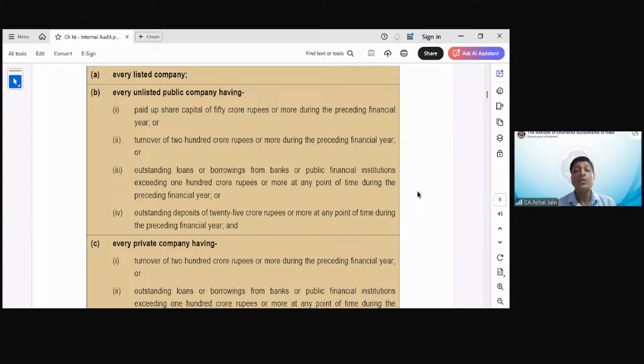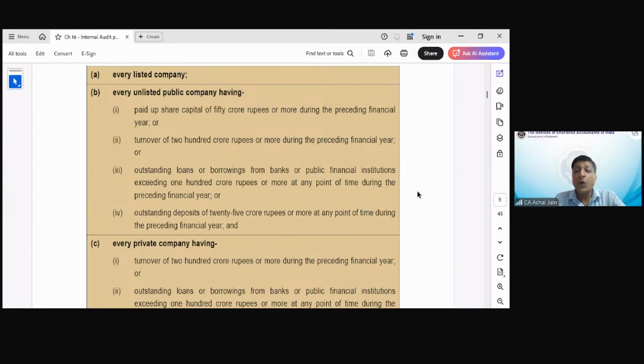Number one. Number two, every unlisted public company having paid up share capital of 50 crore or more, turnover of 200 crore or more, outstanding loan or borrowing of 100 crore, at any point during the year.